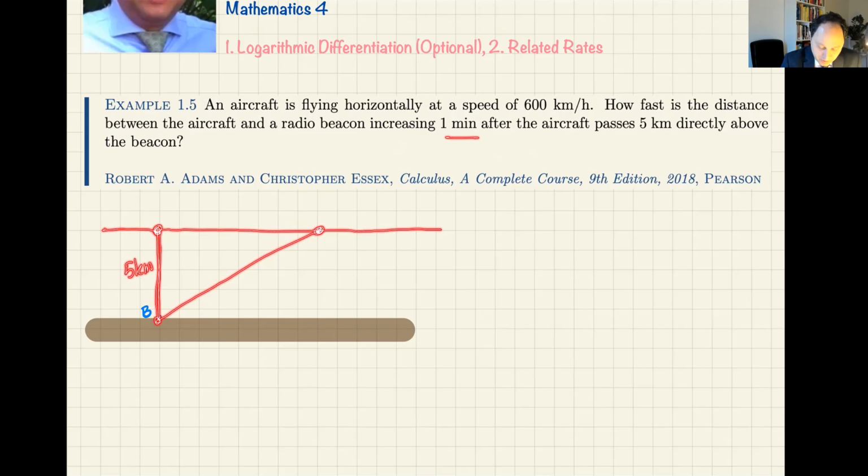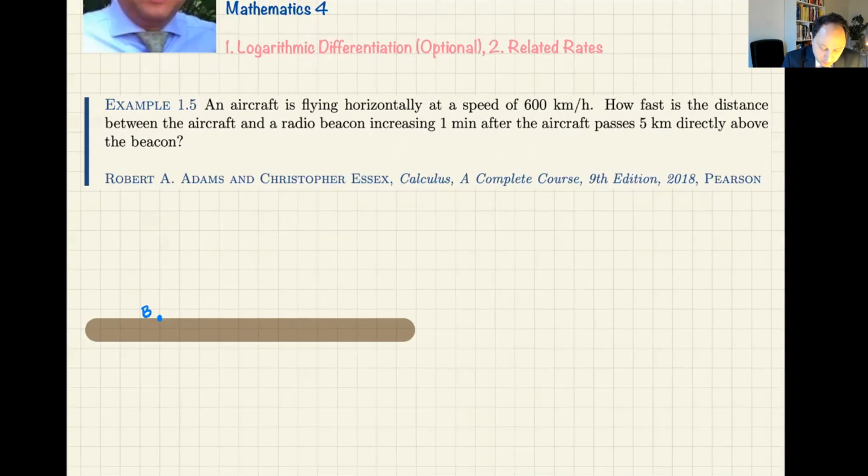So let me just repeat it. So the airplane is flying in this direction. It comes here, it is 5 kilometers, but it will continue flying. After 1 minute, this airplane is at some point. The distance from the airplane to the beacon at that particular point is this amount.